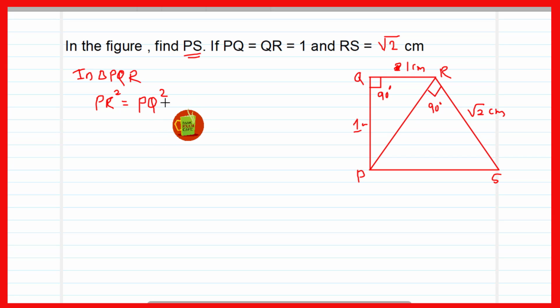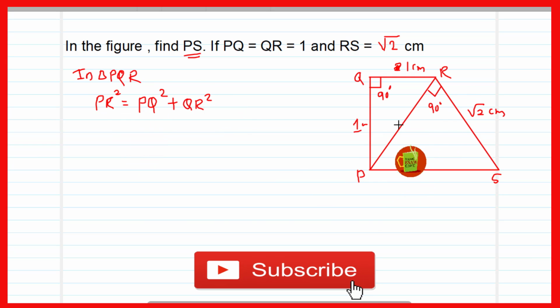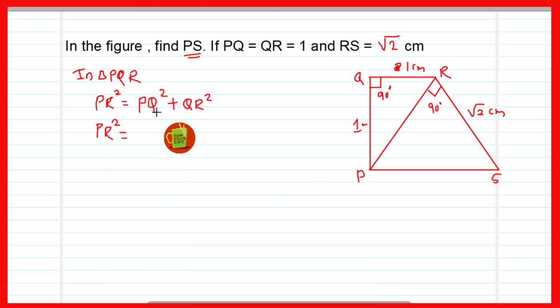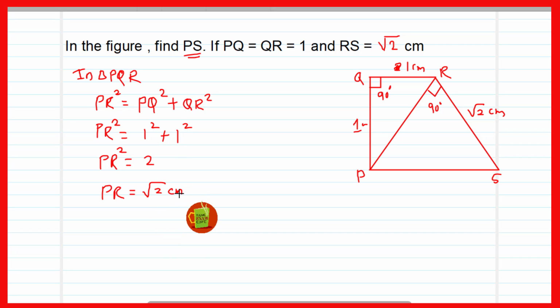So PR square is equal to 1 square plus 1 square, that is 1 plus 1, which is 2, and taking square root of both sides, PR is equal to square root of 2 centimeter. So here we have got PR as square root of 2 centimeter.